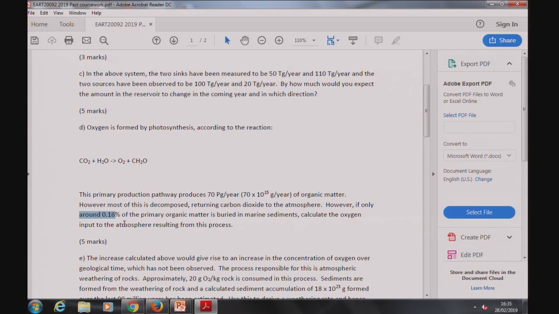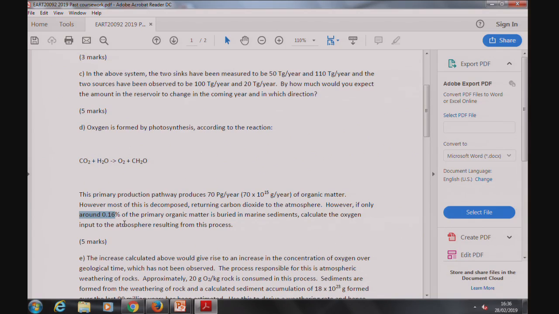So what he means is, because we're taking 0.16% of this away, we're going to have 0.16% of the oxygen not being able to react with the biomass in the atmosphere. So that's kind of like a source of oxygen in the atmosphere. Does that make sense?